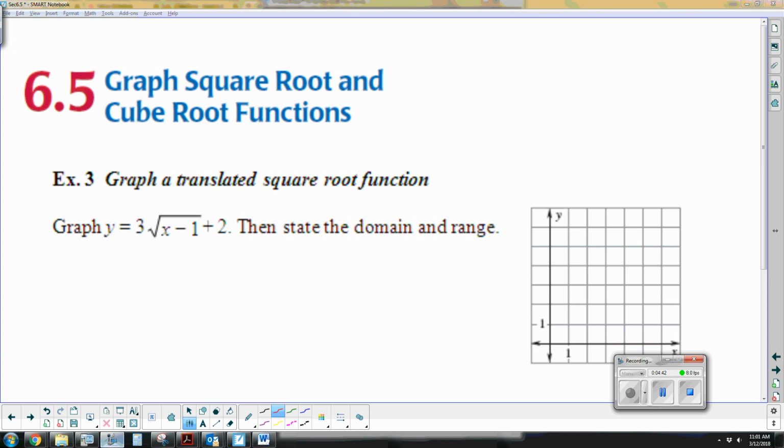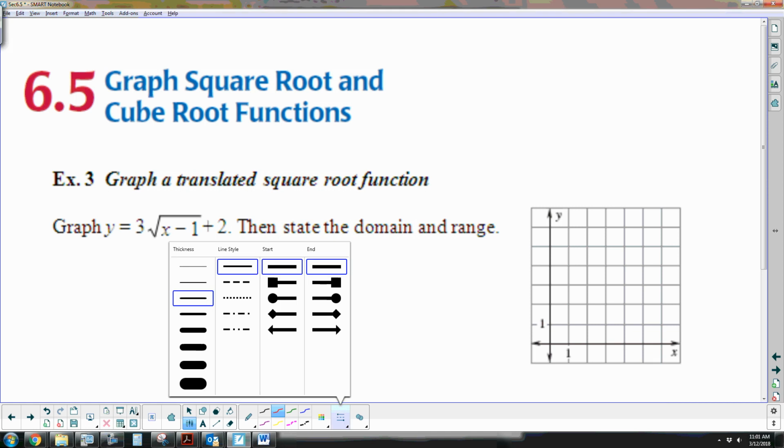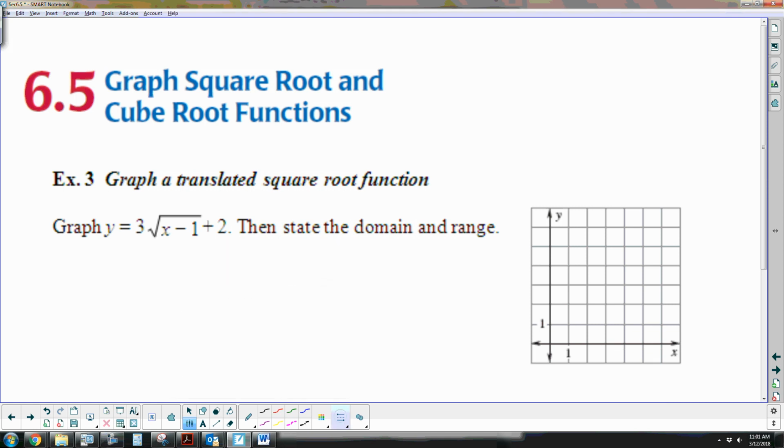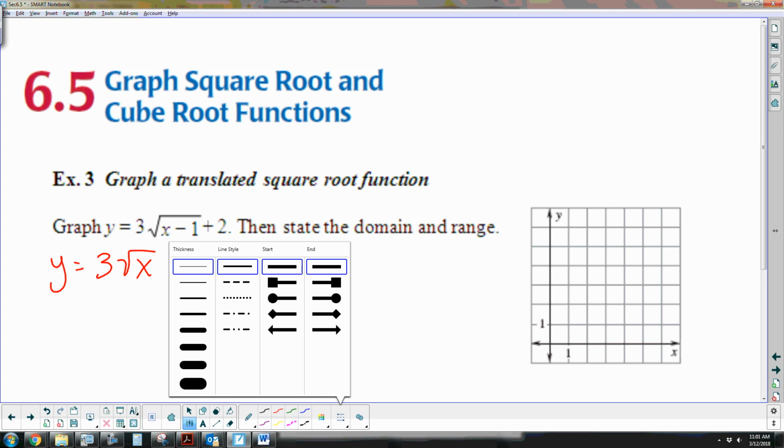So in this next example, y equals 3 times the square root of x minus 1 plus 2. First, let's think about the domain and range. Let's think about what the graph y equals 3 times the square root of x looks like.